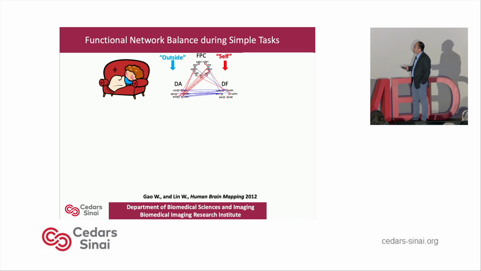In the resting state, there's not so much going on, right? The red lines are positive connectivity, blue lines are negative connectivity. You see a more or less balanced connectivity pattern, with both positive and negative connections, relatively balanced in these two arms. However, you do see that outside and inside are always negatively correlated. They are already competing with each other.